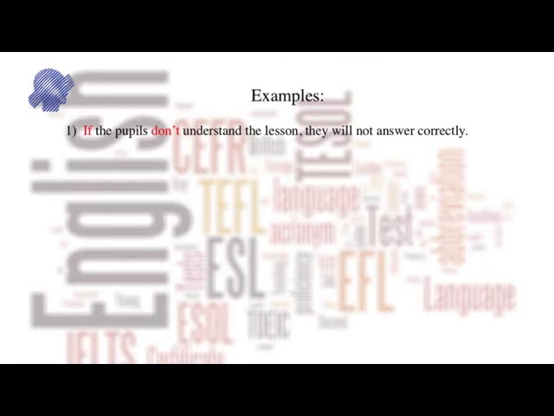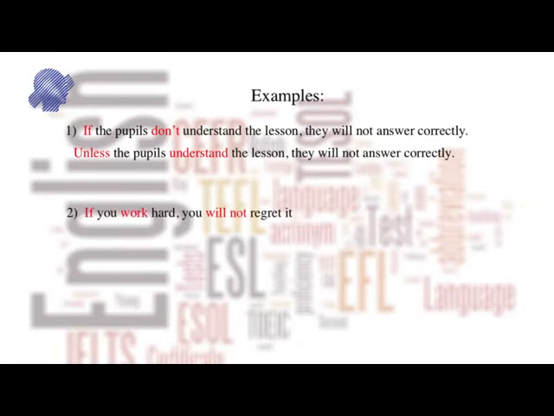As you notice here, in the if clause, we have a negative form of the verb, so we can replace it by unless very easily. Unless the pupils understand the lesson, they will not answer correctly. Right? Let's move to the second example. If you work hard, you will not regret it.